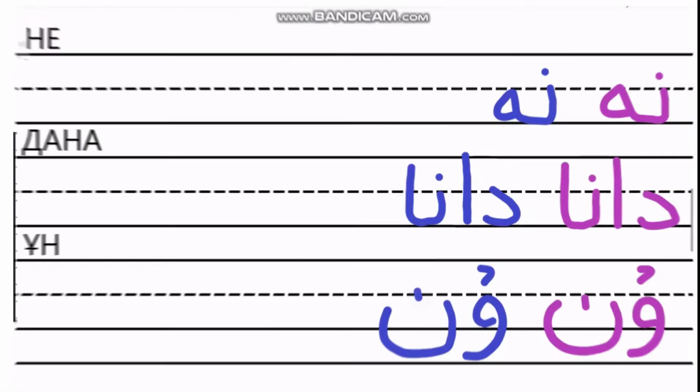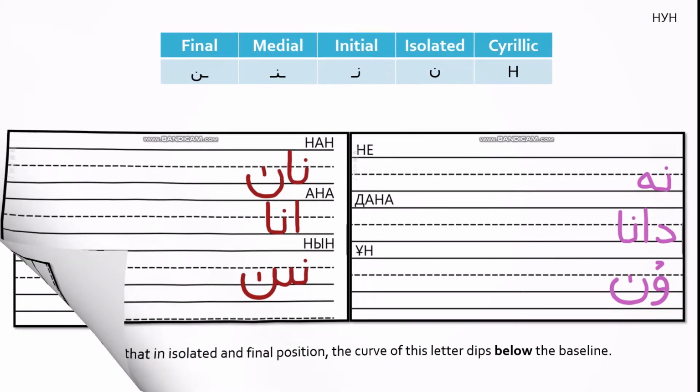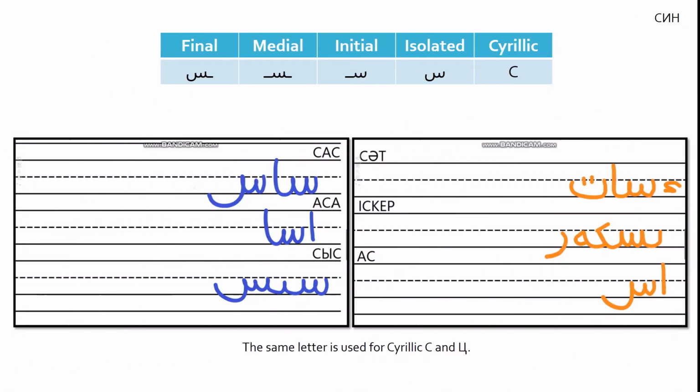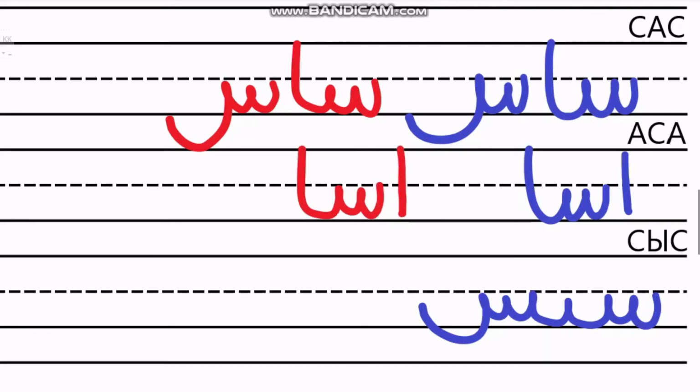The next one is sin, which corresponds to the Cyrillic letter S or S. To write this letter, we need to make a shape like a rounded Latin W or Cyrillic sh. Like nun, the isolated and final forms must dip below the bottom line.